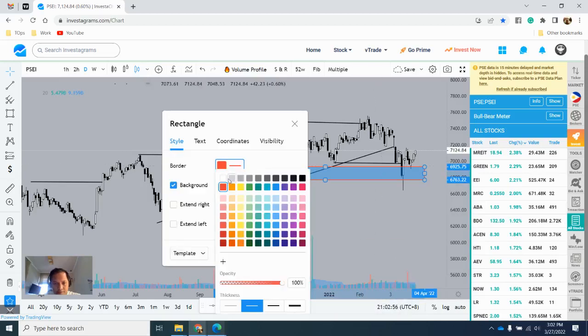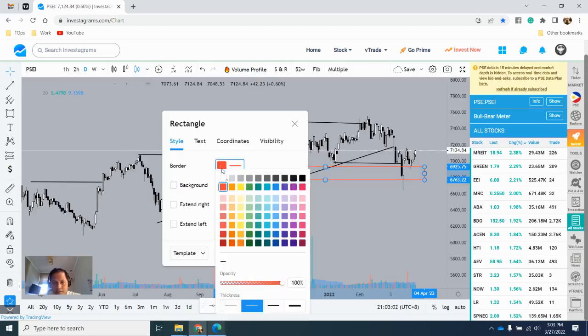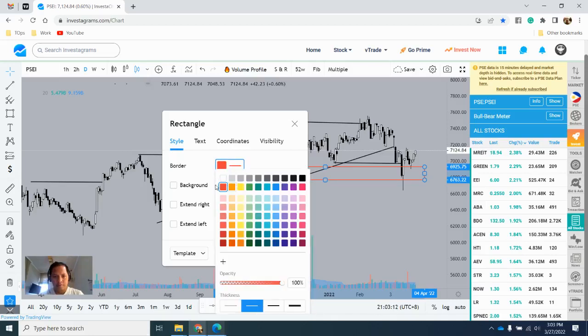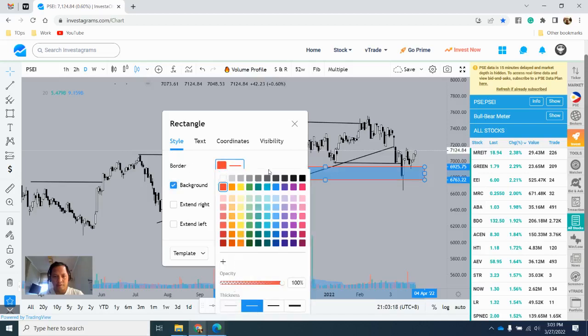And we will analyze the lower time frame. What is the next possible move? Okay, so here I am using a blue background without any border, blue border.